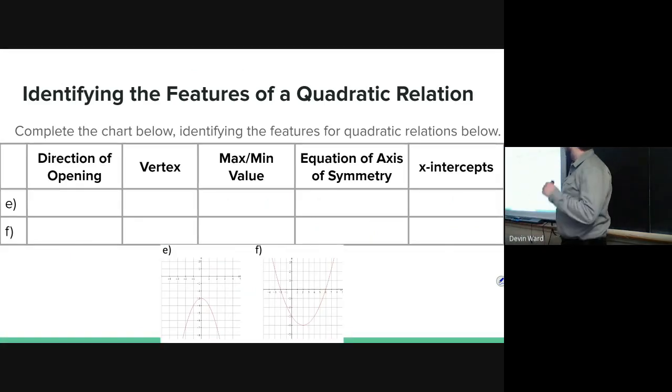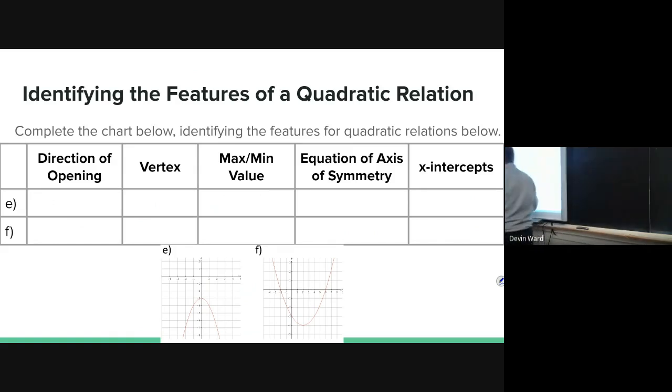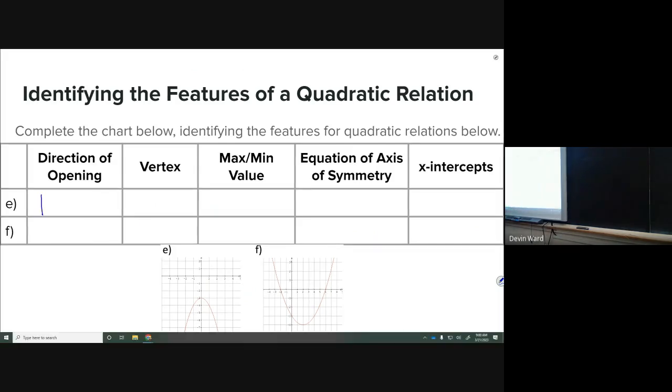Okay, E and F. E, is it going up or down? Down, good. So E goes down, and where is our vertex on E? Perfect, 0, -3.